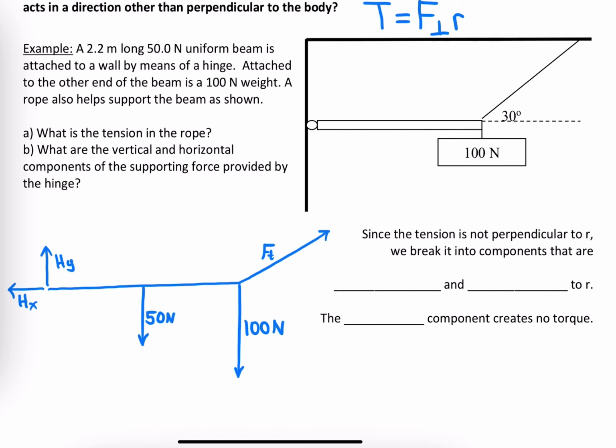But just to illustrate a point, I want to show you what would happen if we got the direction wrong at this point in the problem. Let's say it wasn't that obvious to you that the hinge was pulling up and you thought maybe this hinge was actually pushing down. So then instead of writing the y force of the hinge like we did, you might write it like this.